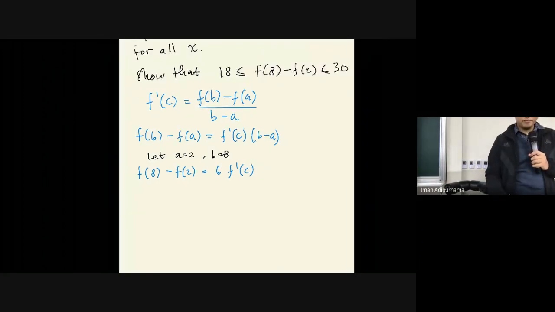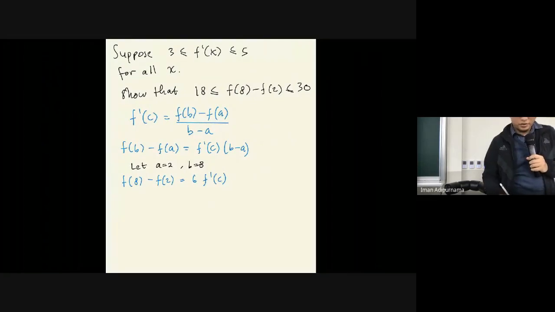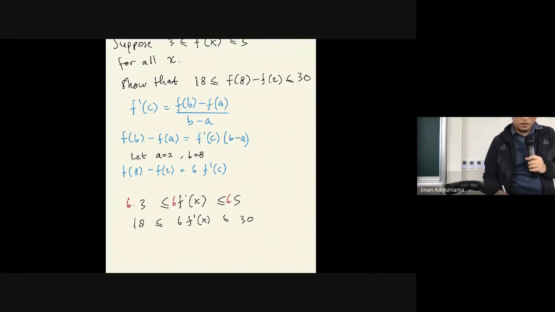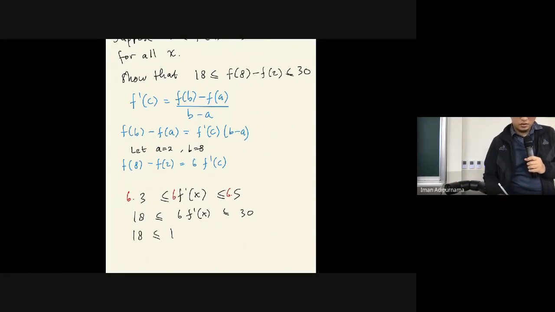So you have also this f prime x between 3 and 5. Because f(8) minus f(2) is 6 times f prime, let's multiply by 6, and it will be true that the difference is between 18 and 30.